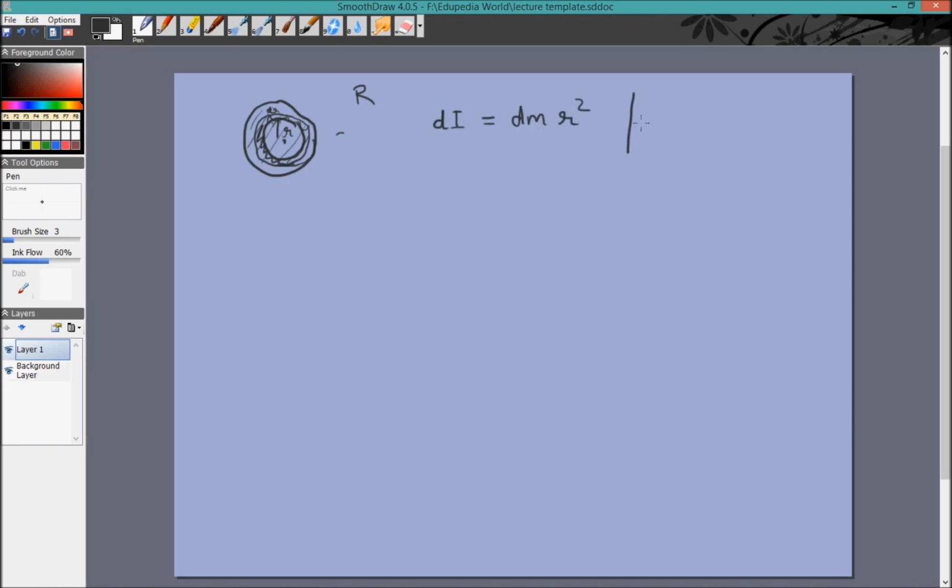For dm, we know that the total mass per unit area in this case is m by pi R squared. So dm will be m by pi R squared into the area of this ring, that will be 2 pi r dr. This should be capital R, I'm sorry, right? Because for total mass per unit area, we'll need to take the total area, right?